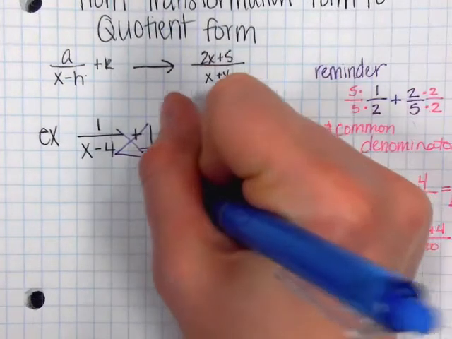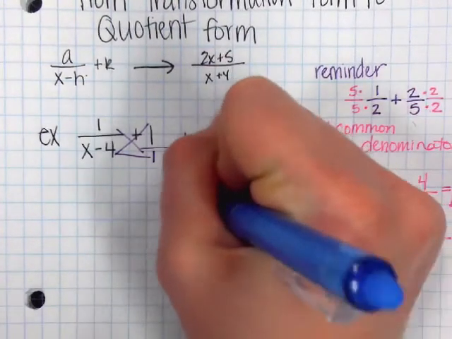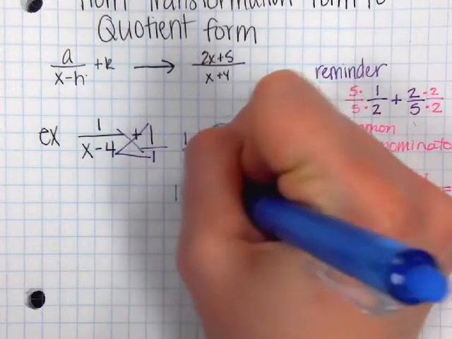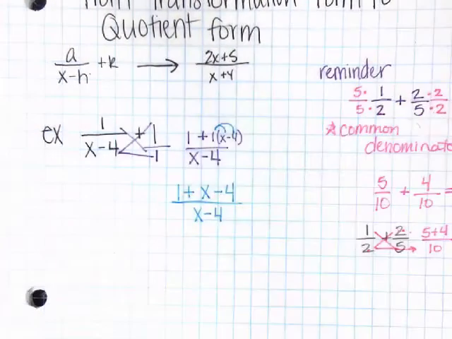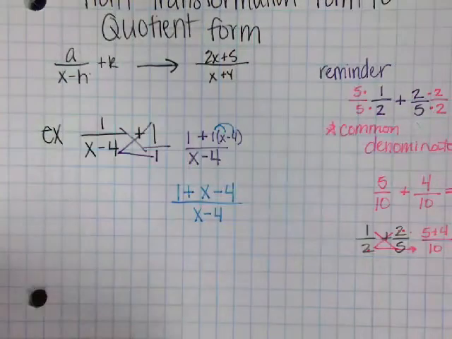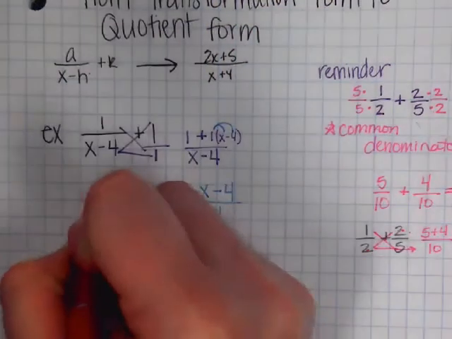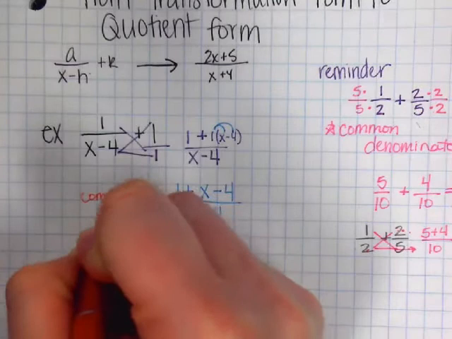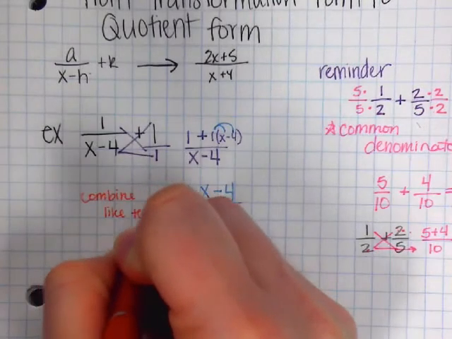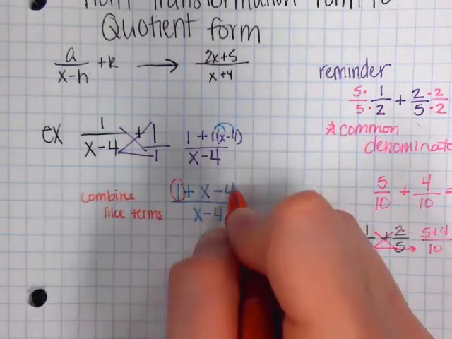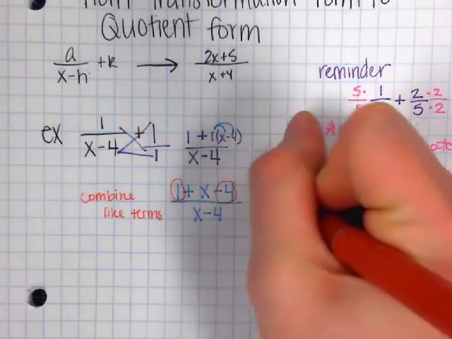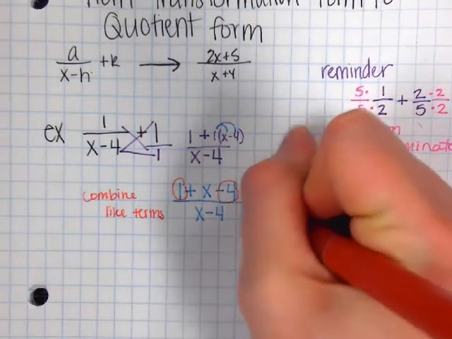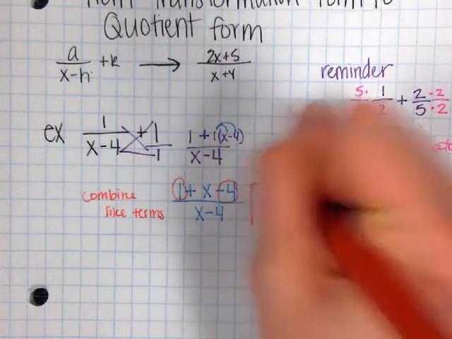We know 1 times anything is just anything, so it would be 1 plus x minus 4 over x minus 4. Then just combine like terms. 1 minus 4 is negative 3. So it'd be x minus 3 over x minus 4.